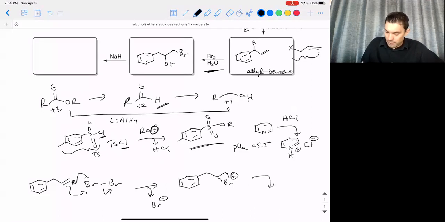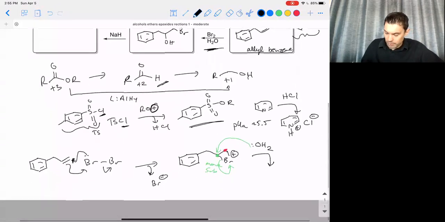These halonium ions, or in this case specifically bromonium, are often quite electrophilic. And much like epoxides under acidic conditions, they tend to open up at the more substituted sites. So again, we could imagine opening here, or we could imagine opening here. The green side is going to be the more substituted side, and so that should be the side that we end up opening.